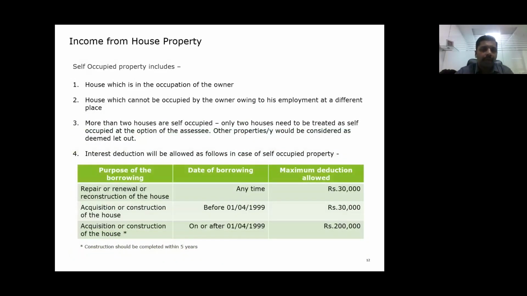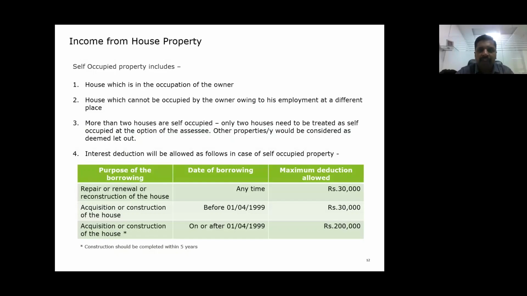Now, self-occupied property: what does it mean and what all properties does it include? The house which is in the occupation of the owner is self-occupied. Also, a house which cannot be occupied by the owner owing to his employment at a different place. We already saw this under the salary section as well.